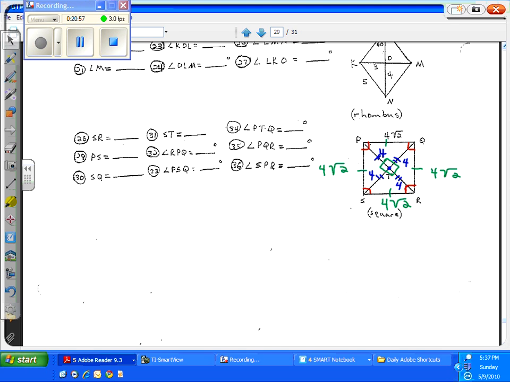Now, if the diagonal bisects this angle, which was 90, then both little pieces will be 45. Same here, and same here. And so now we filled in the whole picture just using our properties. SR, the bottom, is 4 square root 2.